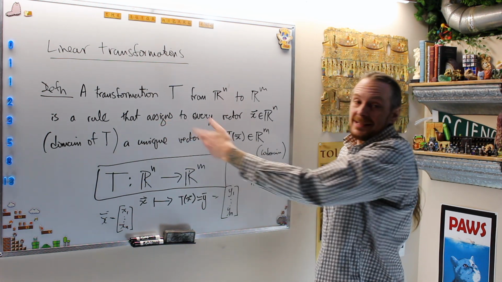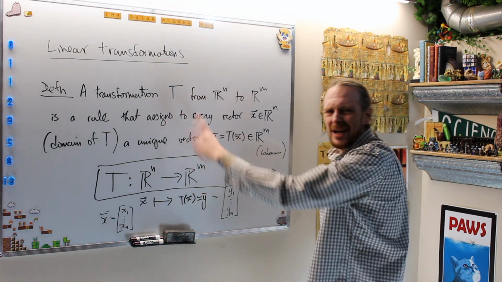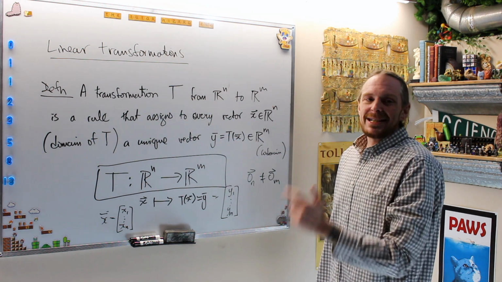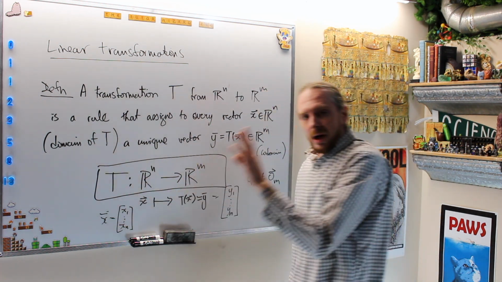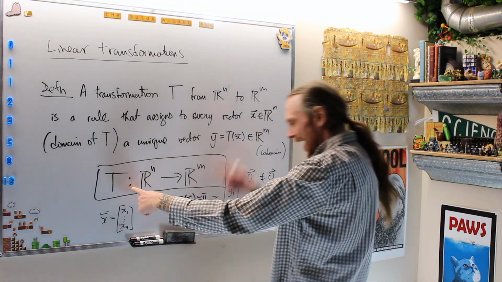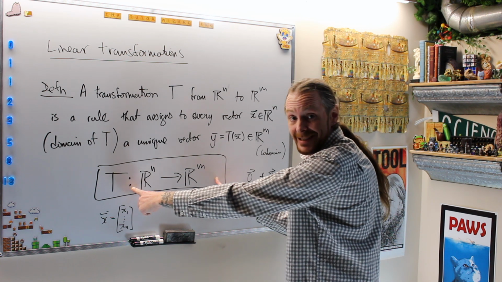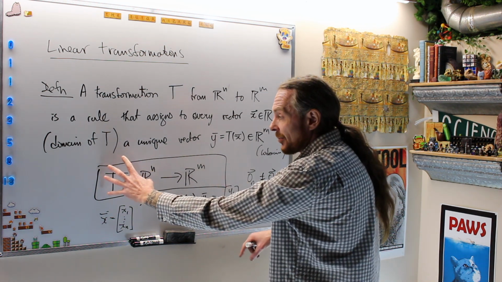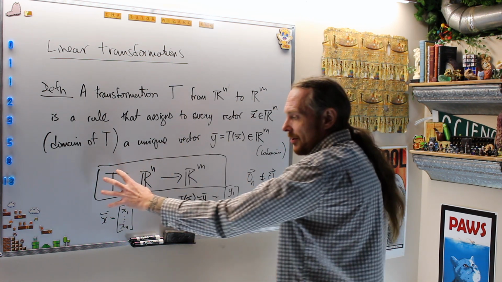But if you look at this, we have what a transformation is. Why do we call them linear? What's going to happen is I have linear operations, addition and scalar multiplication in here. And I have linear operations, addition and scalar multiplication in here. And I want the transformation to respect those operations.